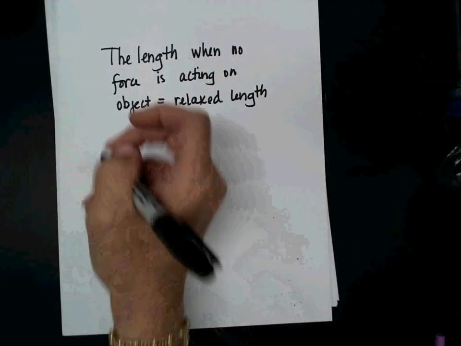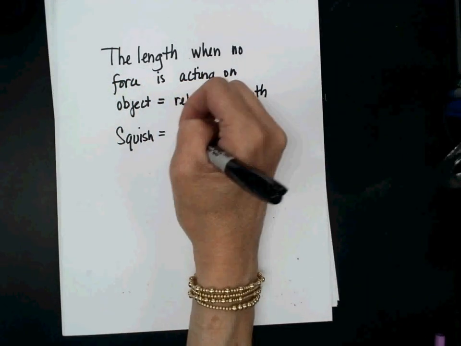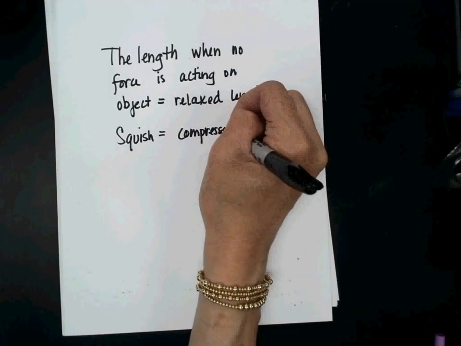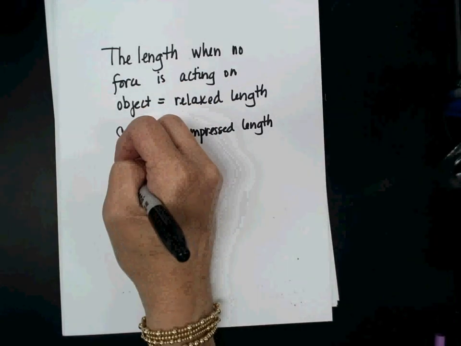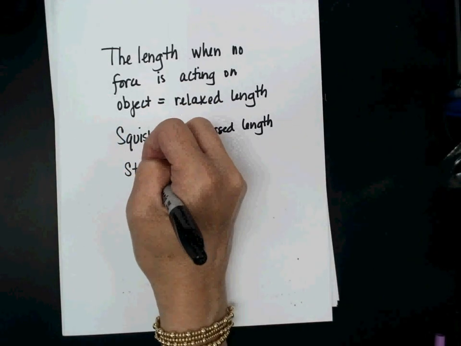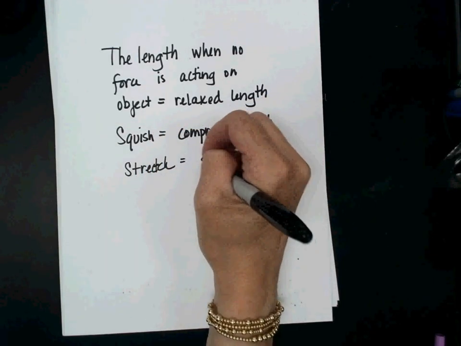And anytime I have any kind of squish, it'll be called compressed length. Then I can also have the stretch, which would be stretched length.